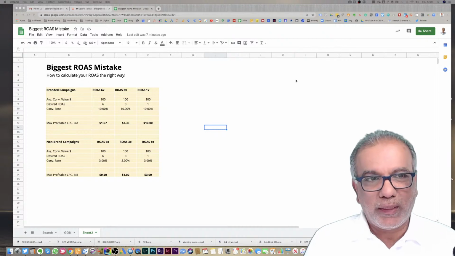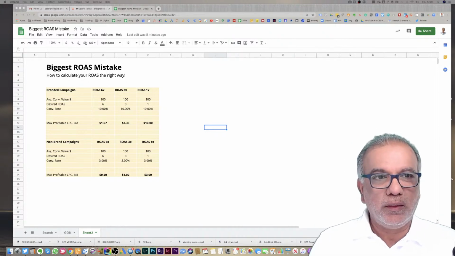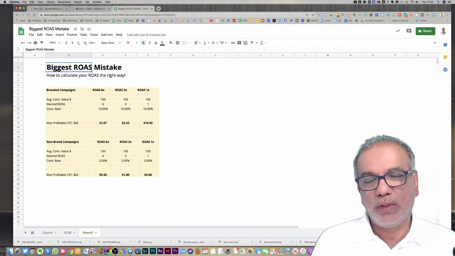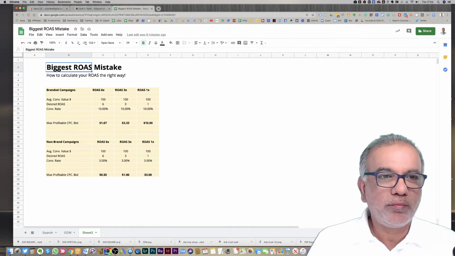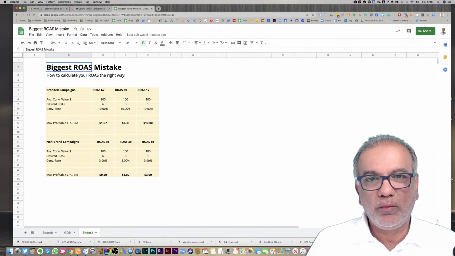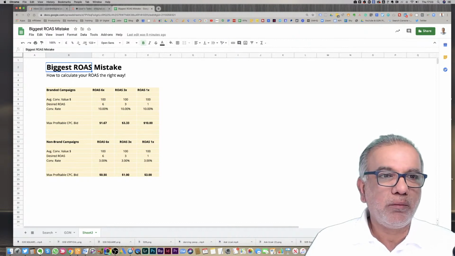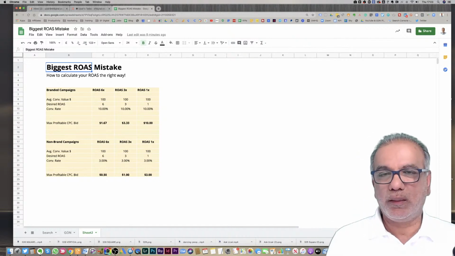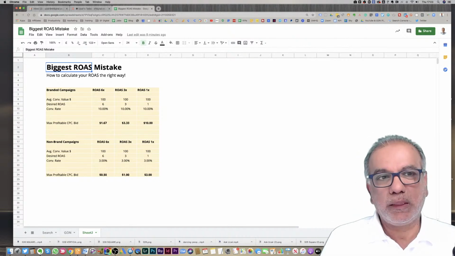So ROAS is a very critical and important metric when it comes to running your Google ads or any kind of paid advertising, be it Google, Facebook, LinkedIn, or online marketing. It doesn't matter what kind of ads they are, the process and the calculations are the same.